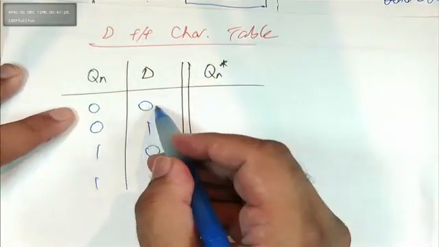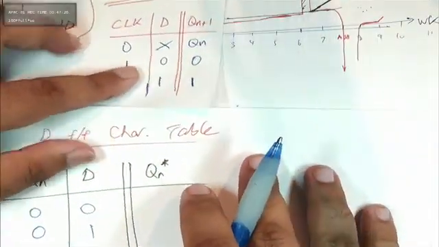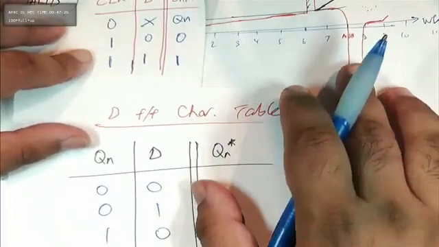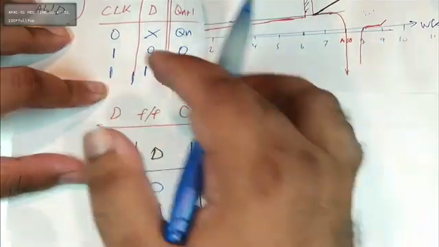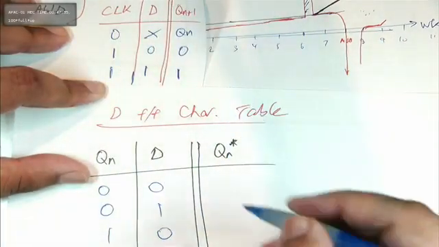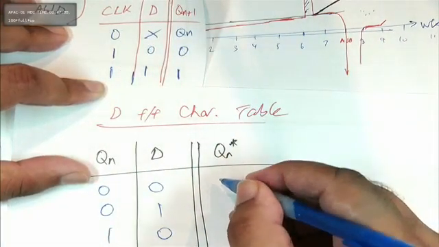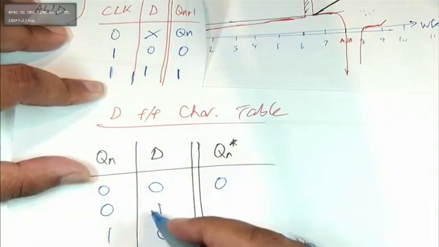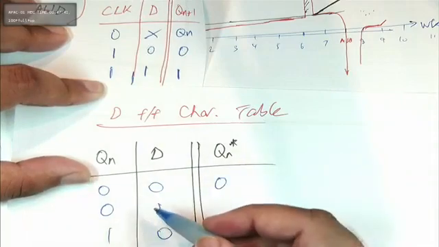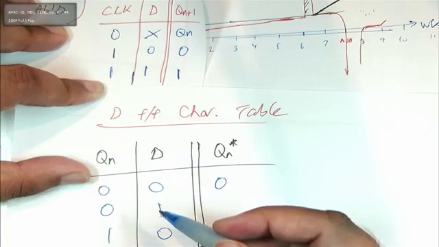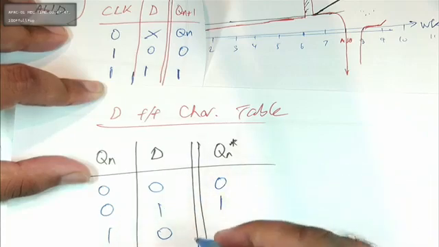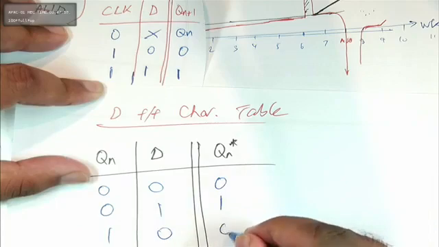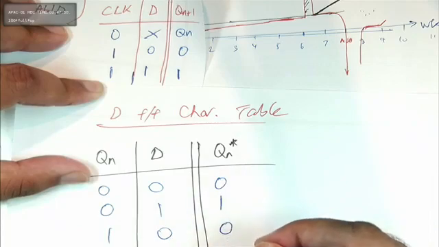And if there's two inputs, 0 0, 0 1, 1 0, 1 1. And 0 0, if we come back to here, let's look at this corner over here. 0 0, what does it give you? Qn, which is a 0. 0 1 will give you what? Just a 1. 1 0 will give you a 0, right?